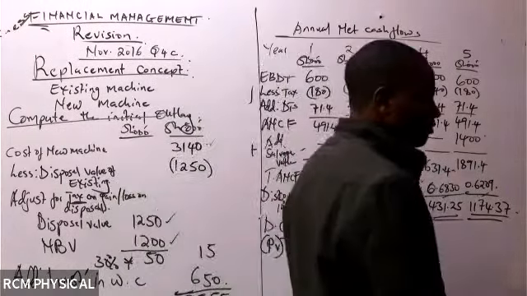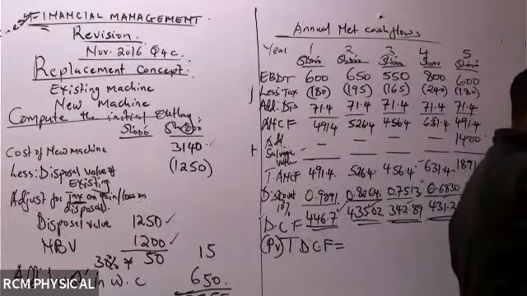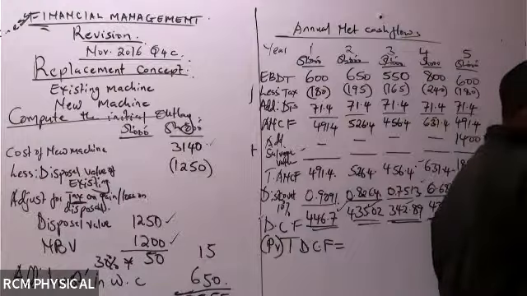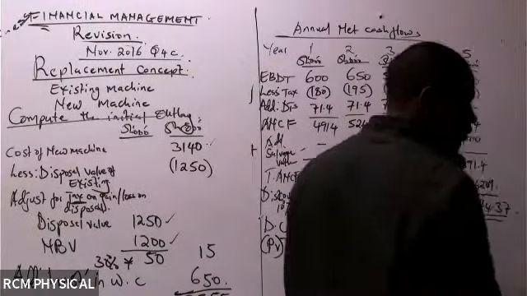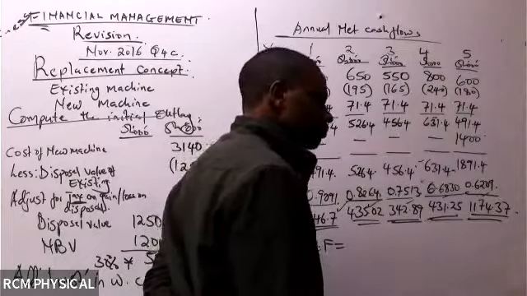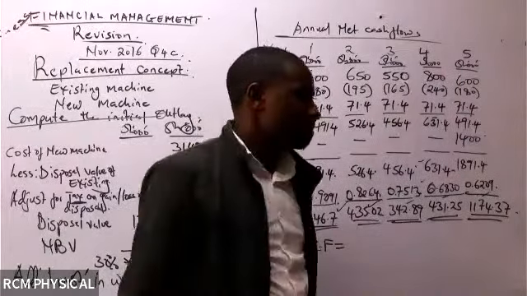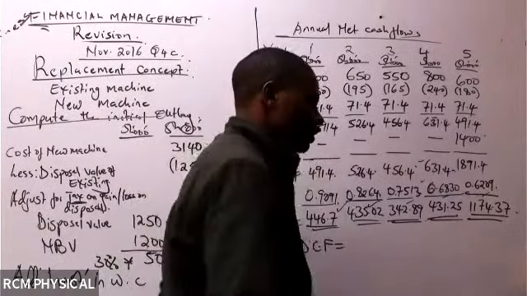Now I believe there are some people I need to confirm who gave different values there. Okay, what is the total? Who has the total? Anyone here, add. Finish up. Finish up.